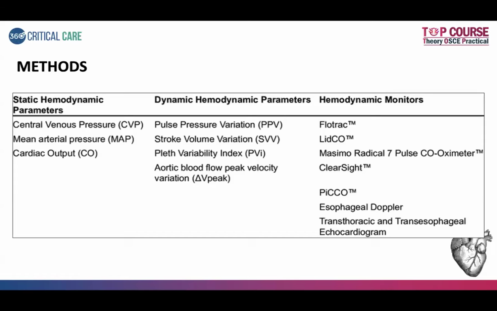Some of the dynamic ones are pulse pressure variation, stroke volume variation, systolic pressure variation, pleth variability index, aortic blood flow peak velocity, and echo IVC distensibility, IVC collapsibility indices.